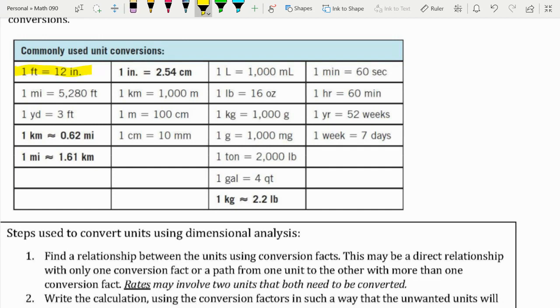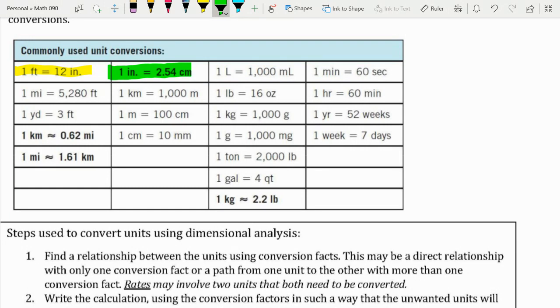The reason why I'm looking at this feet to inches is because then remember I needed to go to meters, and somewhere I need to convert from the inches to the metric system. Well, here's a conversion right there. 1 inch is equal to 2.54 centimeters. So I can do a conversion there.